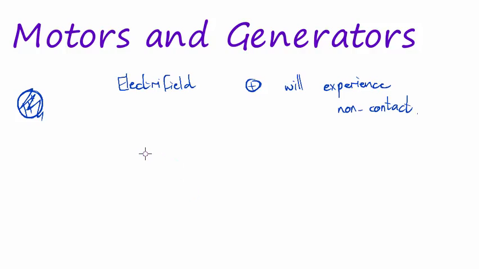So imagine I have an object here, and this is actually not motors and generators at all, but I do think this is quite important. This object has given away some electrons. That gives it a positive charge, and we represent charge with a Q.